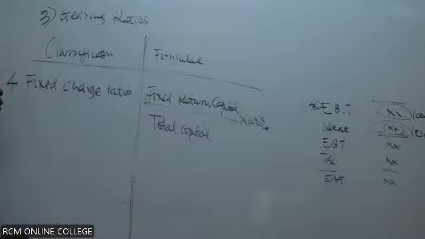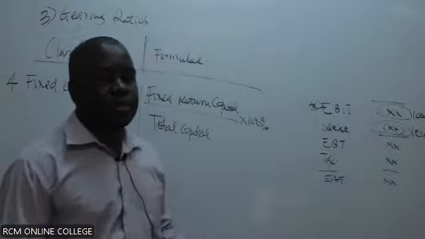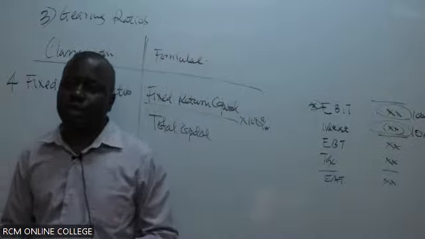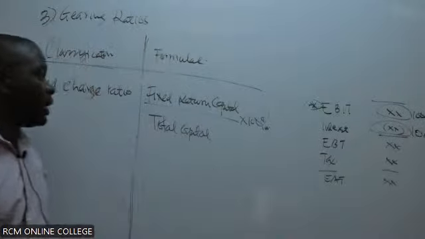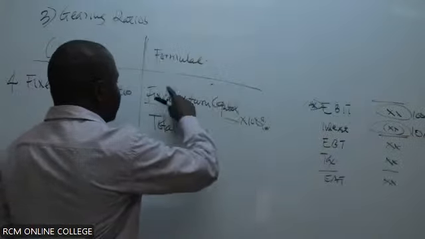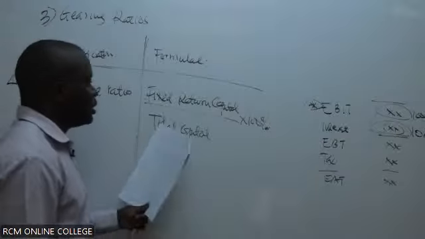For ordinary share capital, the return is not fixed, because the dividends to ordinary shareholders depend on how much profit the company has made. So it is not fixed in any way. But when we take that component of the capital that has a fixed return and divide by the total capital, we get the fixed charge ratio. So that is the formula.